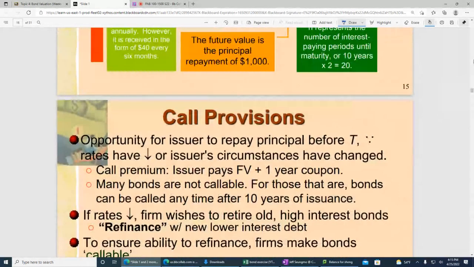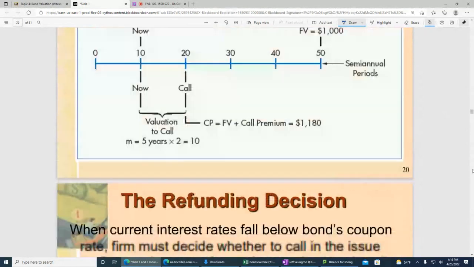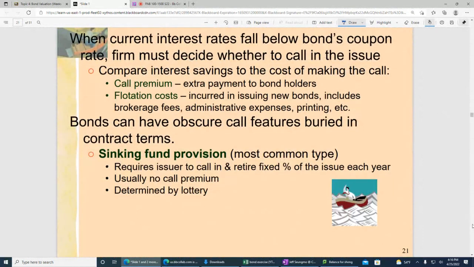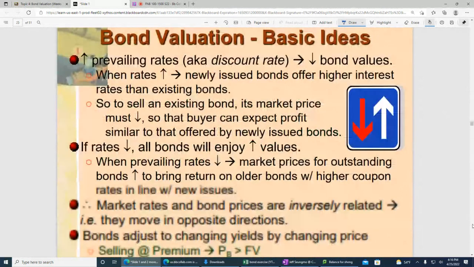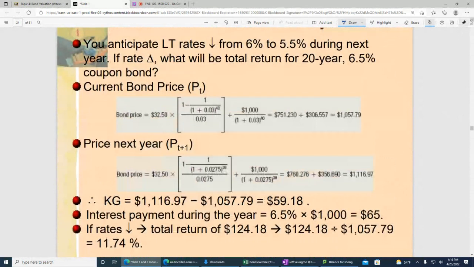We're going to talk about callable bonds and puttable bonds later, but first, that's something fundamentally important. Let's think about this one.